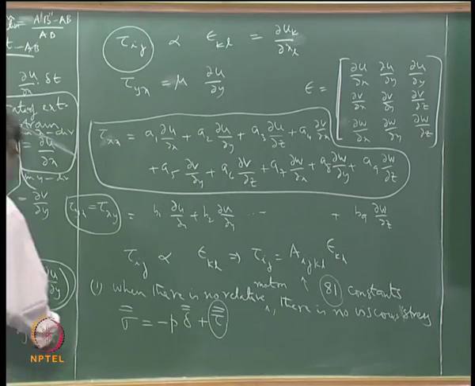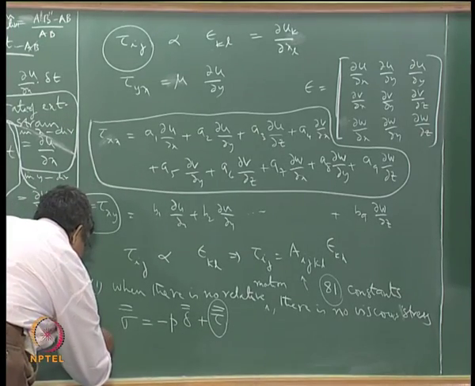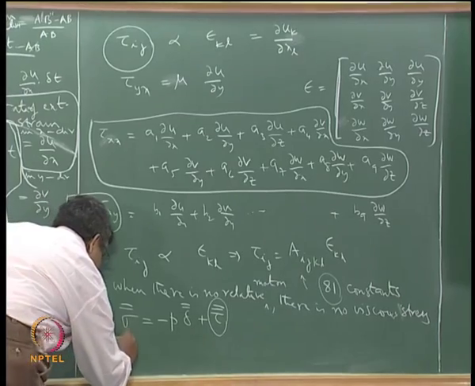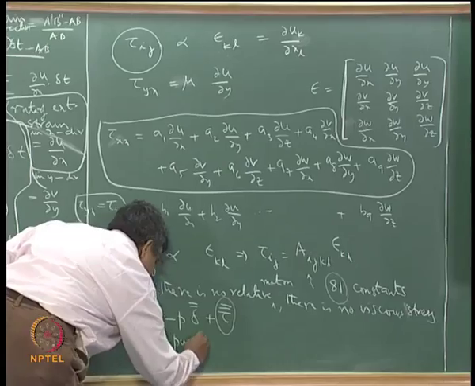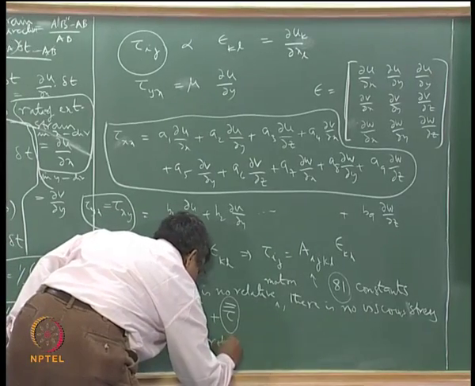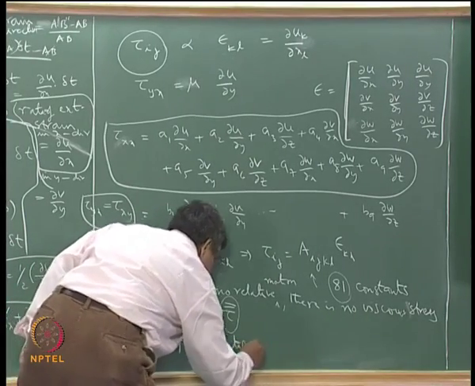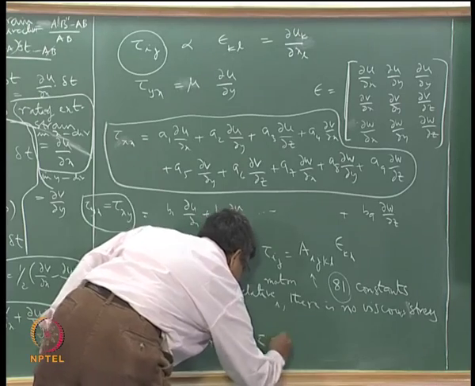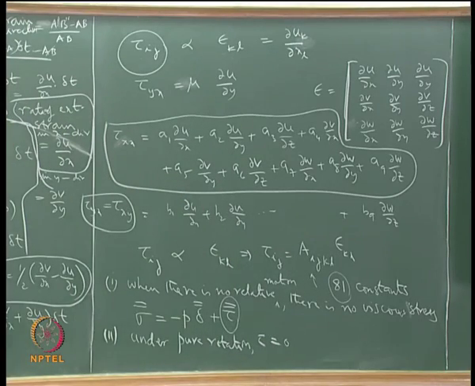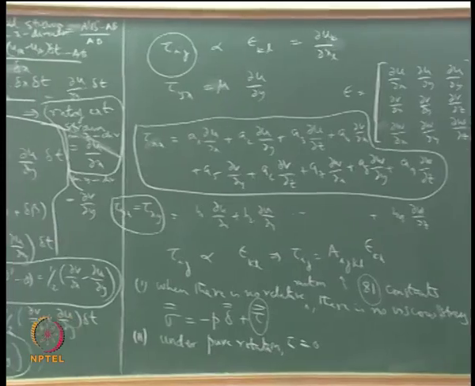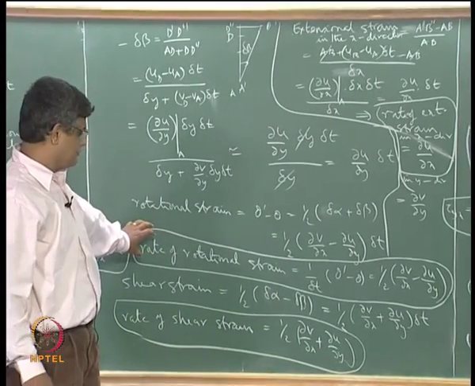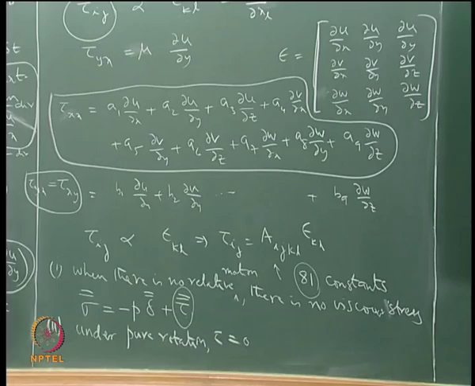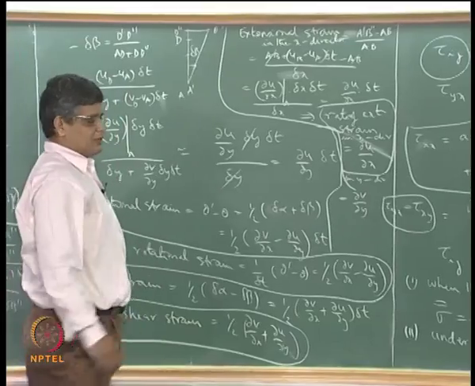And we also make the second assumption that under pure rotation, the stress is equal to 0. Okay. So that means that when we have only rotational strain, then there is no stress coming out of that.